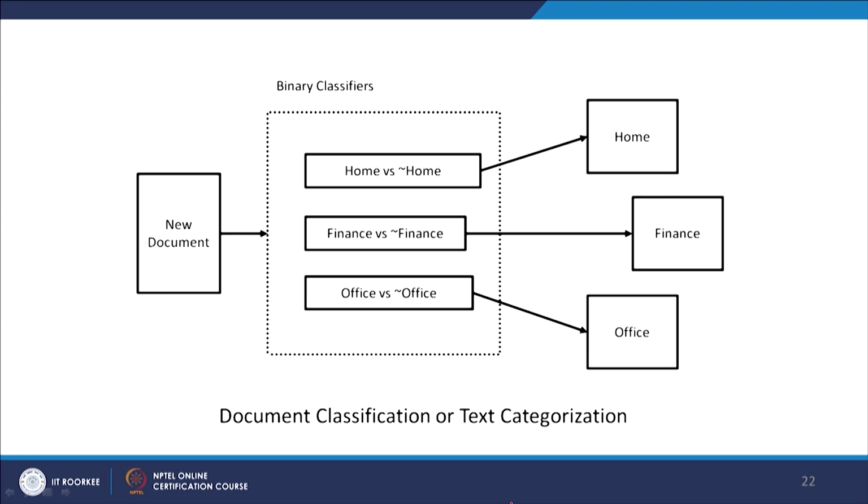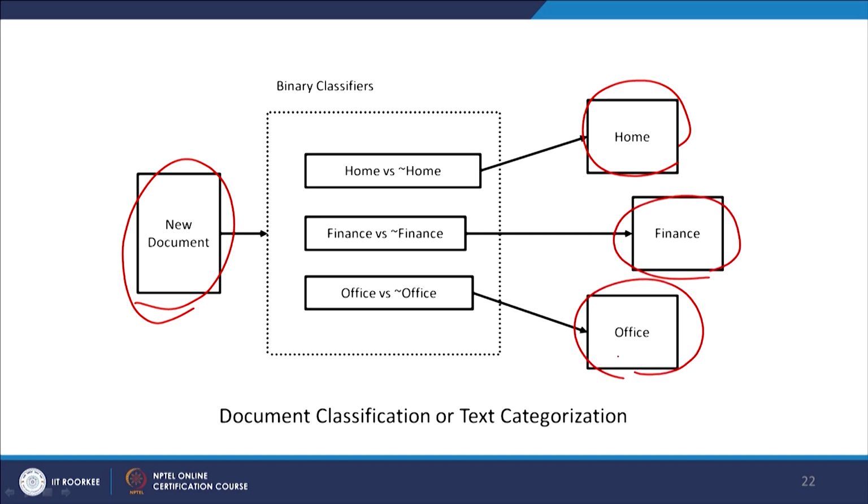You can see a new document here, which is to be classified into one of these categories: home, finance and office. We have created three binary classifiers here: belonging to home versus not belonging to home, which we represent using a tilde, finance versus not finance, and office versus not office.